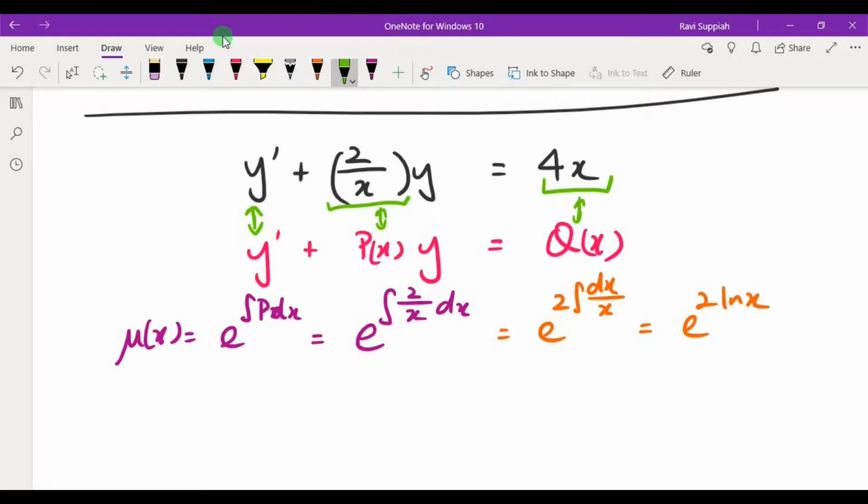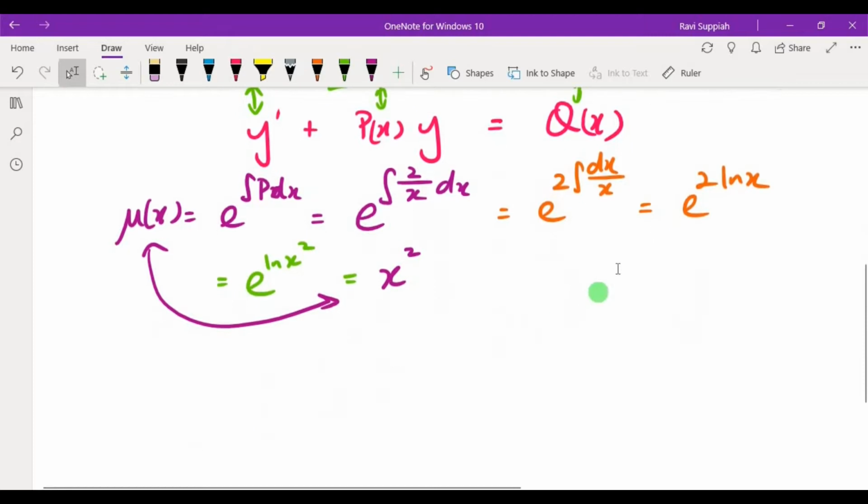So this is equivalent to e to the ln x squared, and since the exponential function and the natural log are inverses, the final answer is x squared. So that is your mu x, x squared.